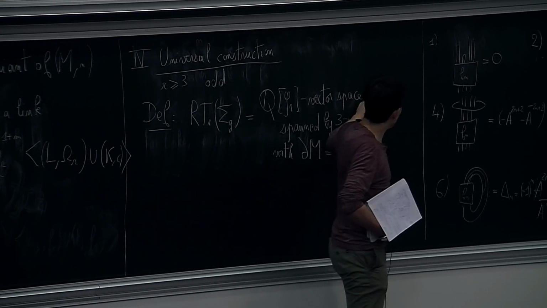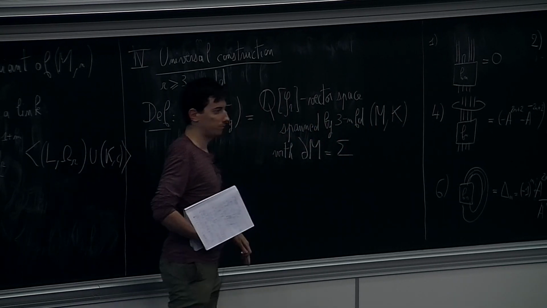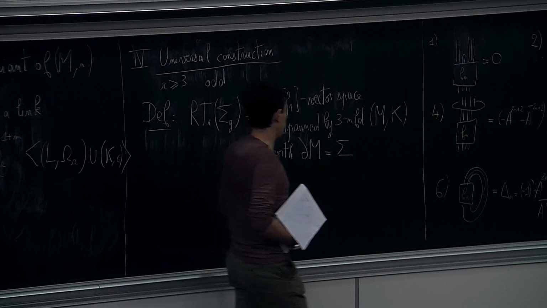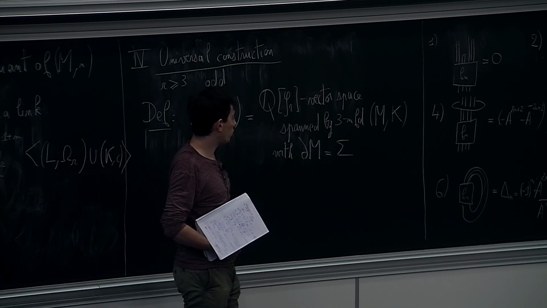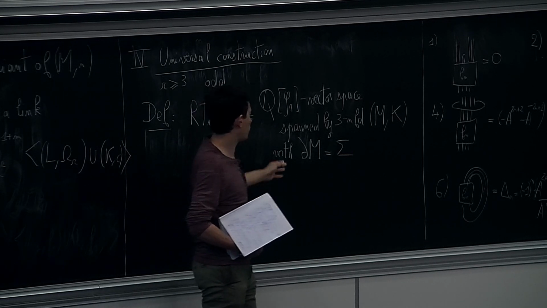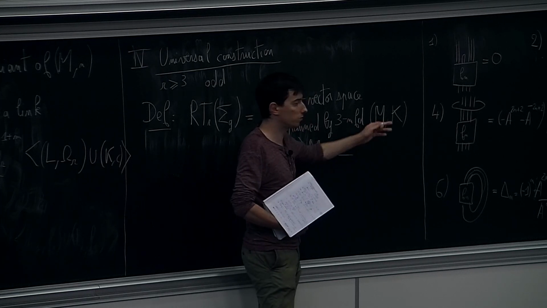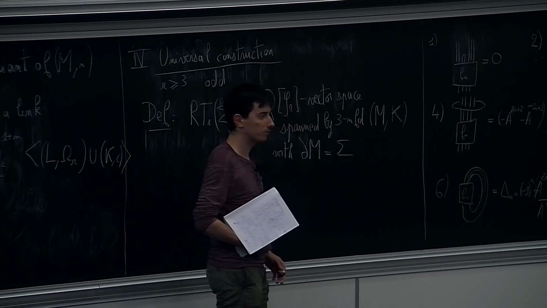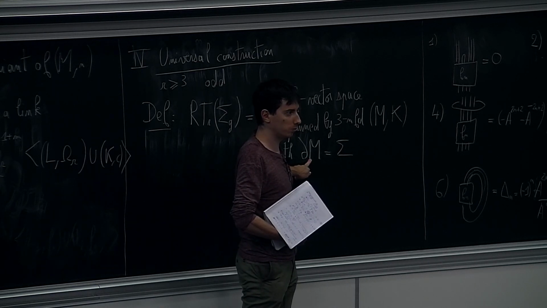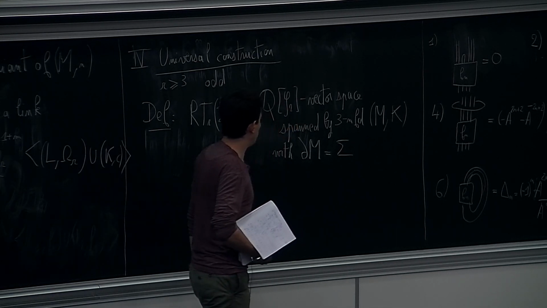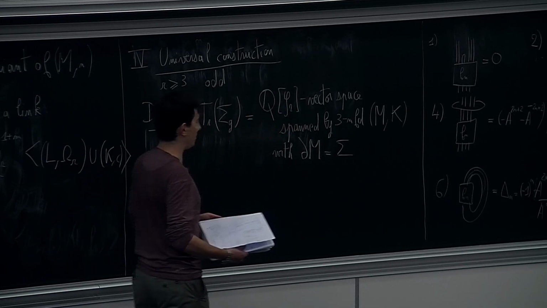Or maybe I can even say I add a link in my three-manifold. So it's formally spanned by all homeomorphism classes of pairs, three-manifolds and framed links, with a chosen identification with the boundary. Yes, that's why I write an equal and not just an isomorphic.